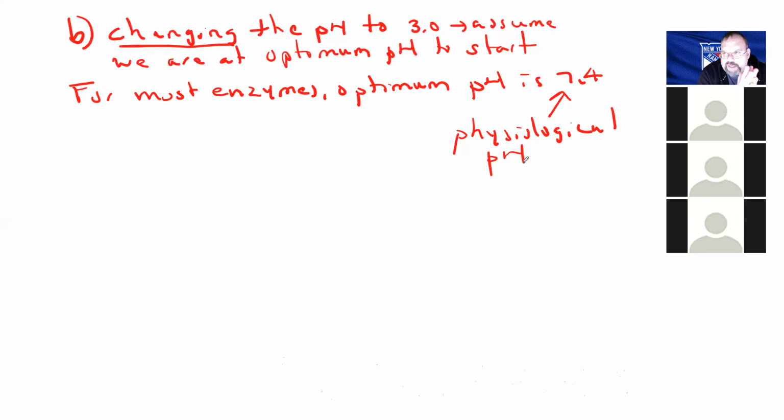What does the optimum pH do? The optimum pH is the pH that best maintains the tertiary structure of the enzyme. The reason that is so important is because you want to maintain that tertiary structure, or the shape, to maintain the shape of the active site. Now, as you go above or below the optimum pH, the shape of the tertiary structure is going to start to be affected.